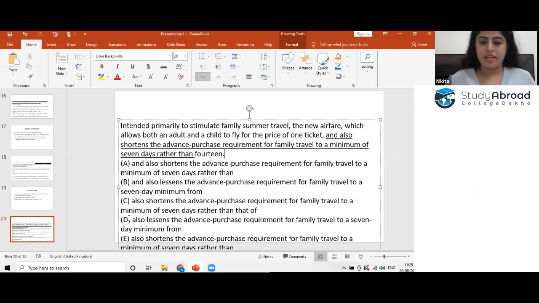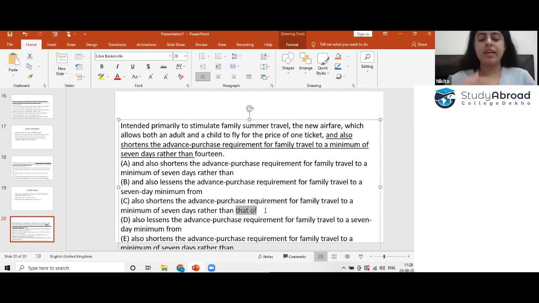So with this logic D will be eliminated and we are down to C and E. Now have a closer look at the difference between C and E. C says also shortens the advance purchase requirement for family travel to a minimum of 7 days rather than that of. And E says also shortens the advance purchase requirement for family travel to a minimum of 7 days rather than. So we see that of is extra in this, right?